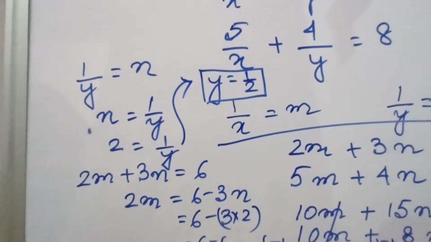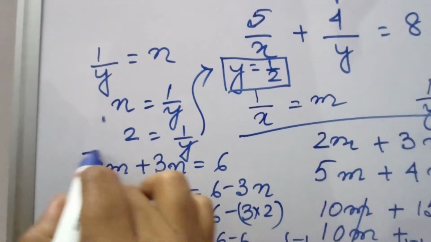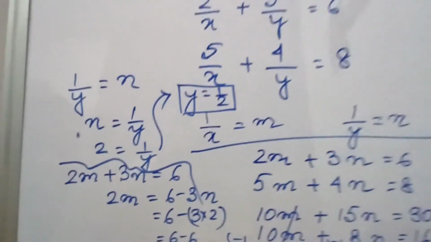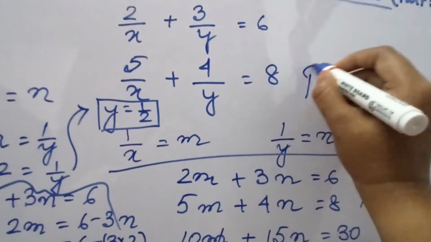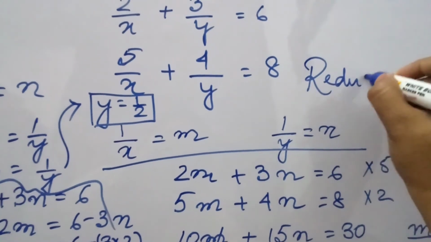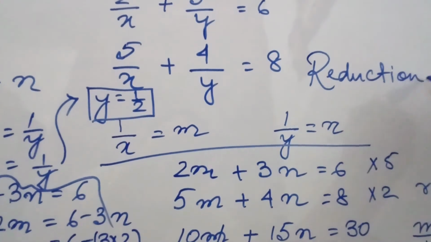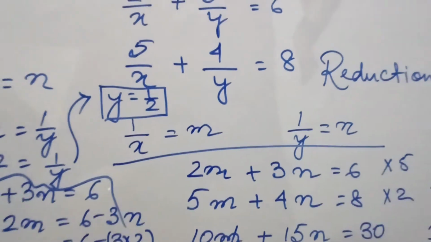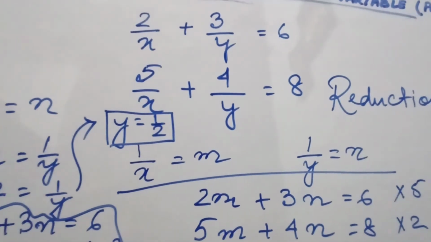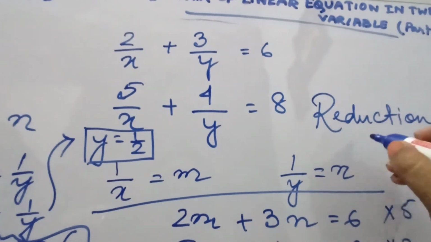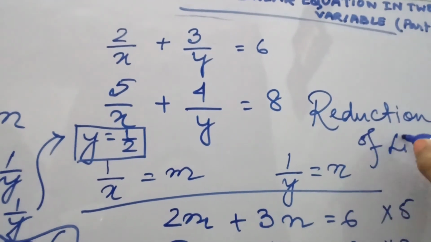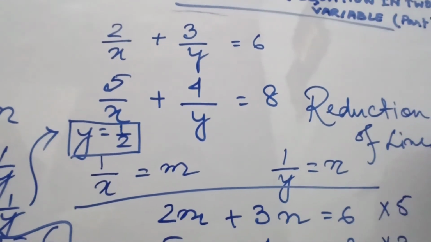Understood? y will be equal to half. So always when you do this, this is known as reducible pair of linear equations, or reduction of linear equations.